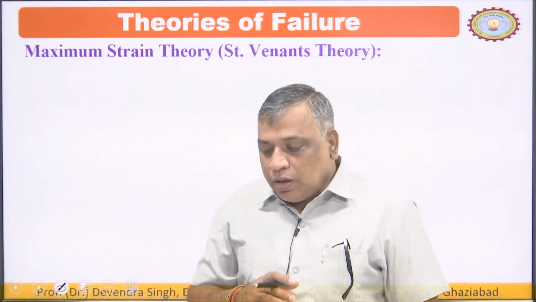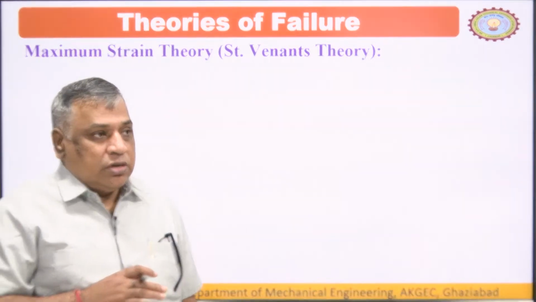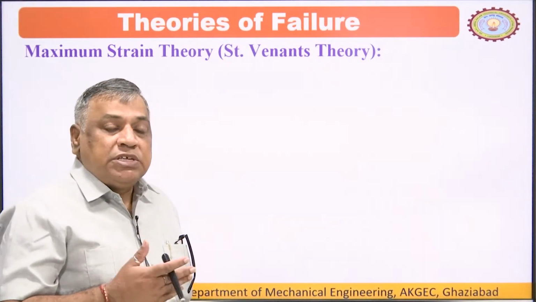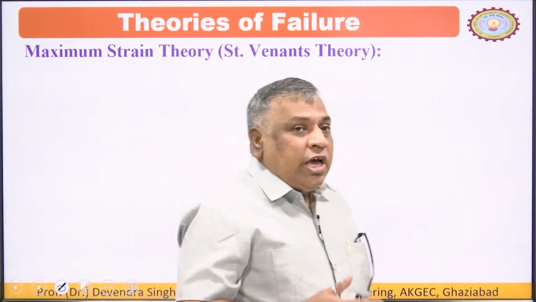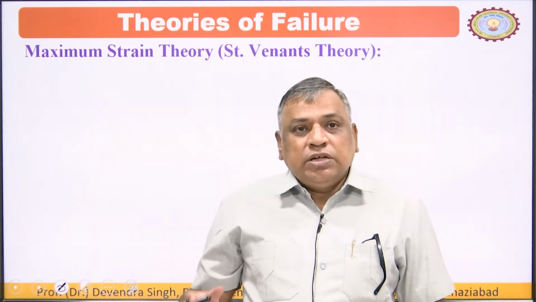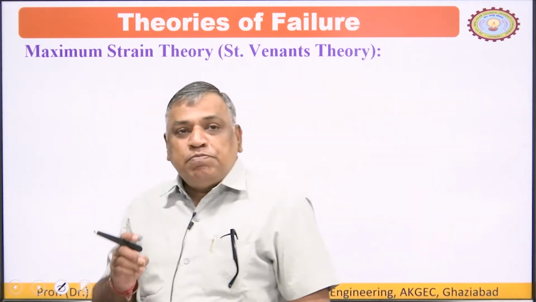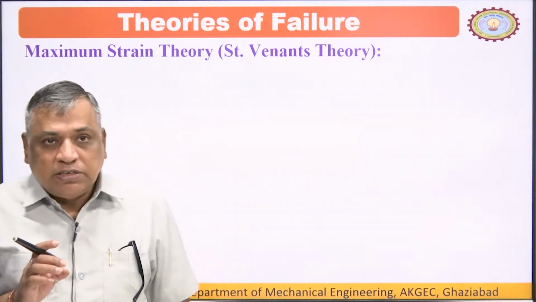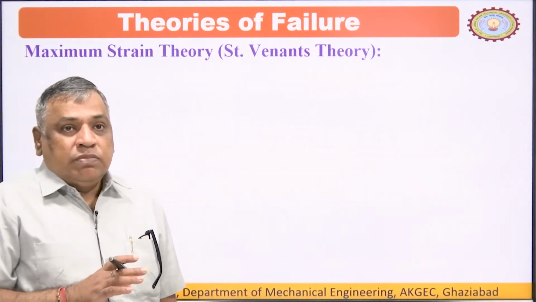The statement was that if the induced stress of any principal stress reaches a value equal to or greater than the yield point in tension under the simple uniaxial tensile test, then the material is said to fail.